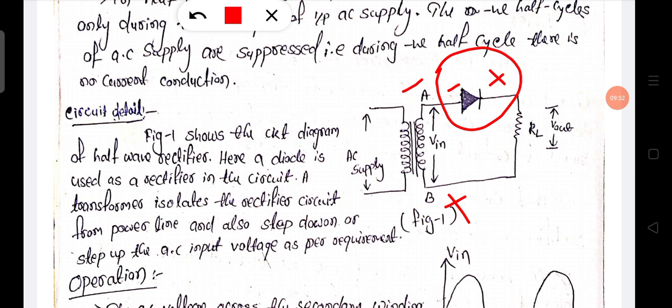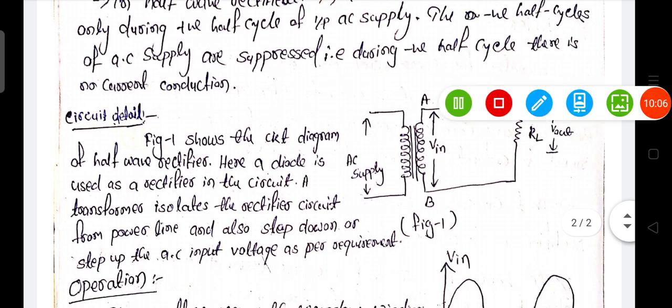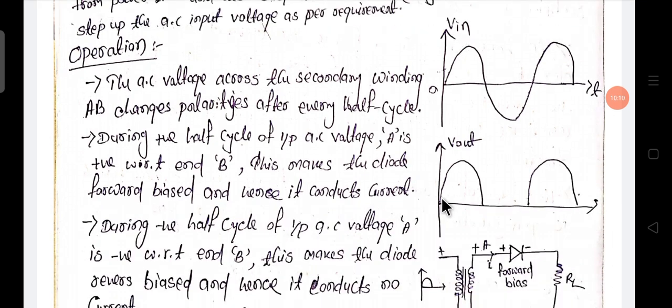Due to reverse bias, there is no current conduction through the diode. So our output is this. For positive, current conduction is there, so we get the positive cycle. For negative, there is no current conduction, so we cannot get any voltage.